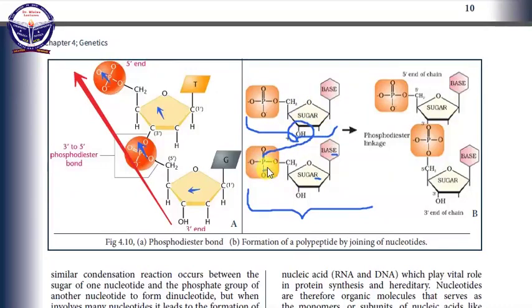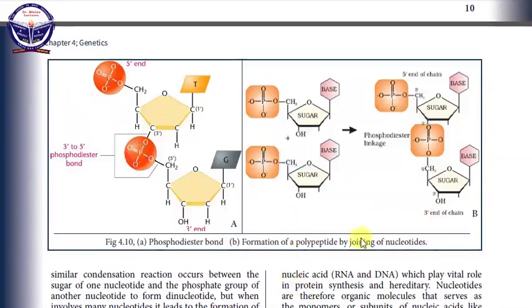So this phosphate will be attached at carbon atom number 5 and carbon atom number 3. One side will be bonded to the carbon atom number 5, and on the other side to the carbon atom number 3. This is the way the nucleotide chain is.